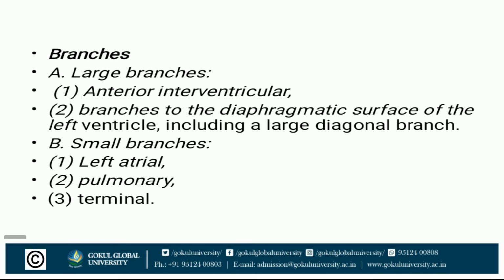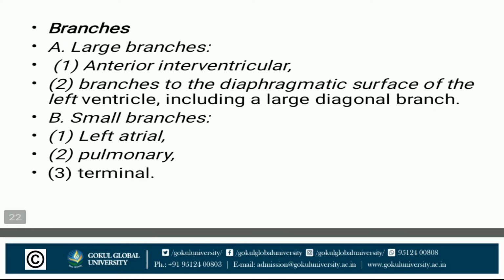Now its branches, of the left coronary artery. Large branches: anterior interventricular branches to the diaphragmatic surface of the left ventricle, including a large diagonal branch. Small branches: left atrial, pulmonary and terminal.